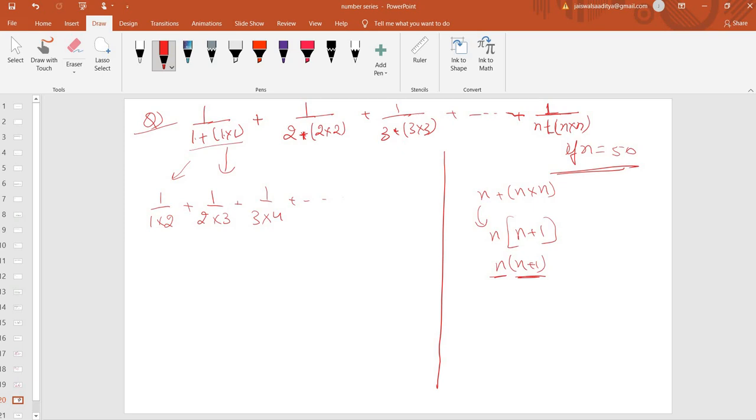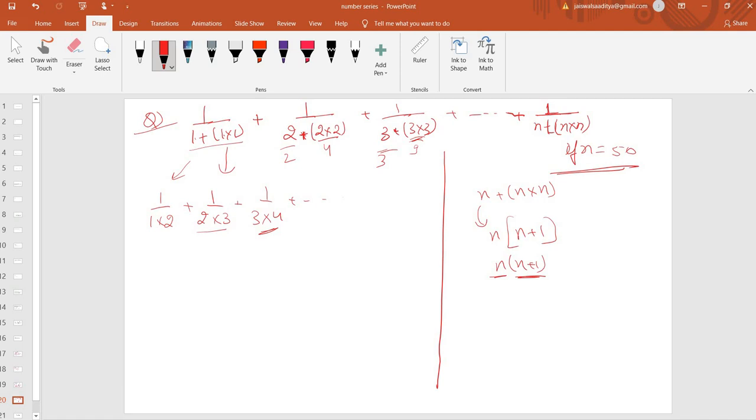So 2 into 1, 2. 2 into 2, 4 plus 2, 6. 3 into 3, 9 plus 3, 12. So this is 12 and so on. So you can put in the formula again and solve that.